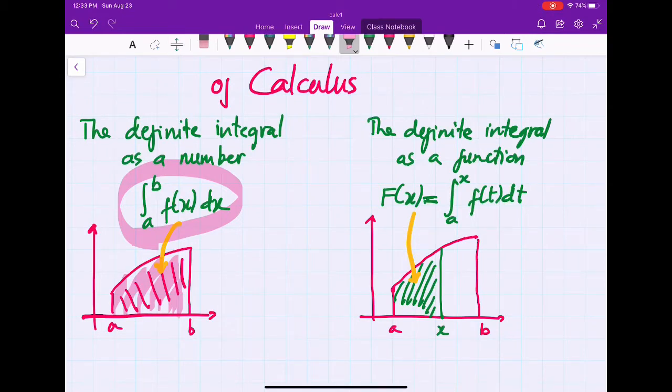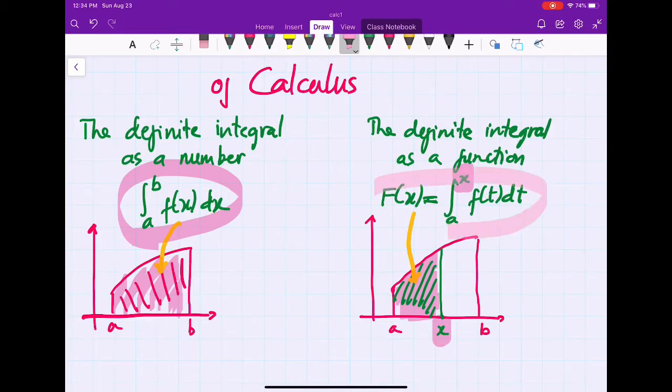Now, consider the case when you don't have b in the integration limits. You just replace b with x, where x is some point between a and b. So each time you may define the area of this region. Does that make sense? And so, that is the area function.